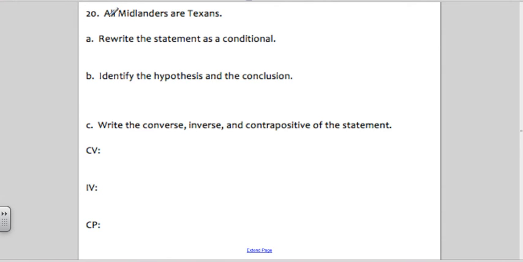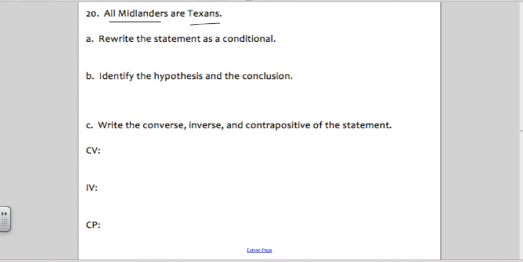All right, number 20. We're given the statement, all Midlanders are Texans. A Midlander is someone from Midland. Now we want to rewrite that statement as a conditional. Conditional means if and then. So I need to figure out what two things it's talking about here. Well, the first thing it's talking about is being a Midlander. The second thing it's talking about is being a Texan.